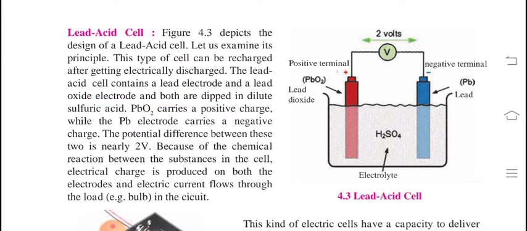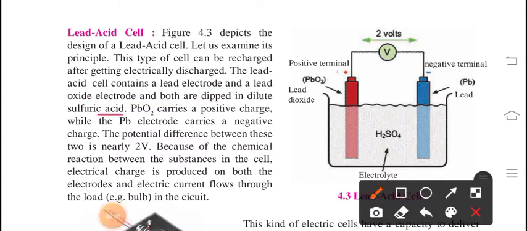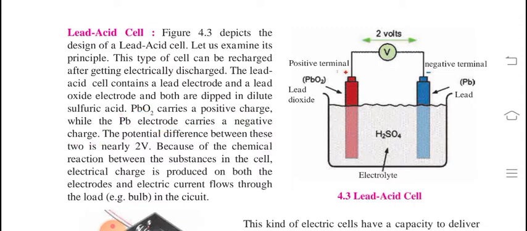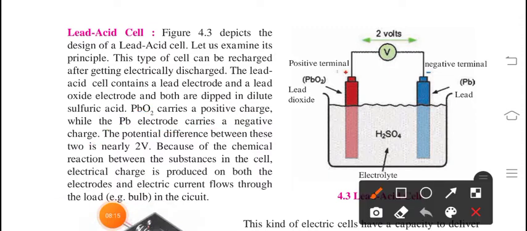Both are dipped in dilute sulfuric acid. PbO2 means lead dioxide, carries a positive charge, while Pb means lead, carries negative charge. The potential difference between these two is nearly 2 volt.